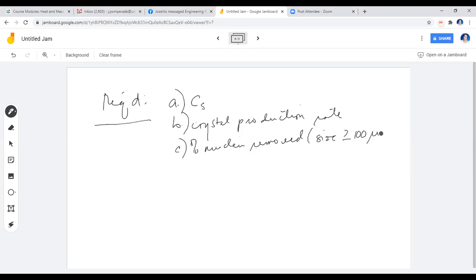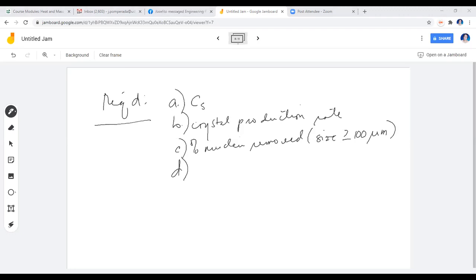So they will only be removed if their size is greater or equal to 100 micrometers, meaning this is the size requirement. If they have not grown to this size, they still won't be removed. And then letter D, the liquor flow rate, which passes through a trap which removes 90% of the original nuclei by the time they have grown to 100 micrometer.